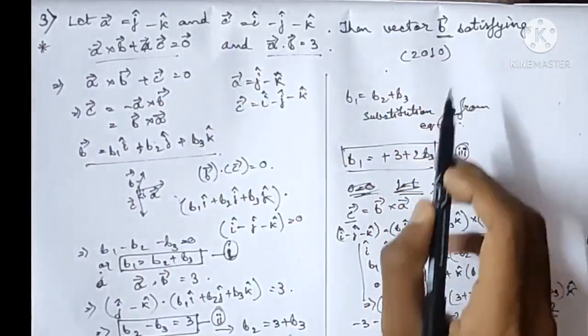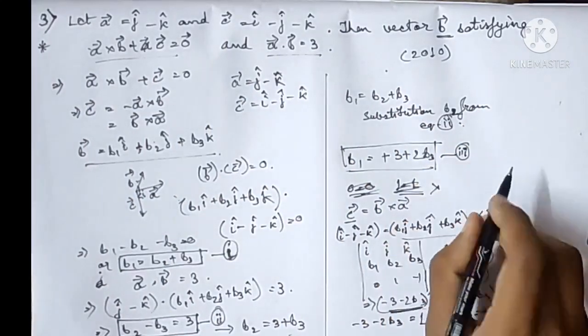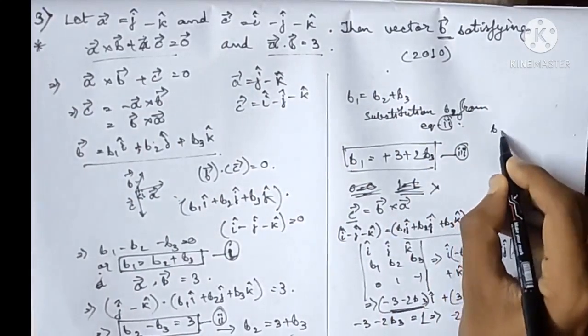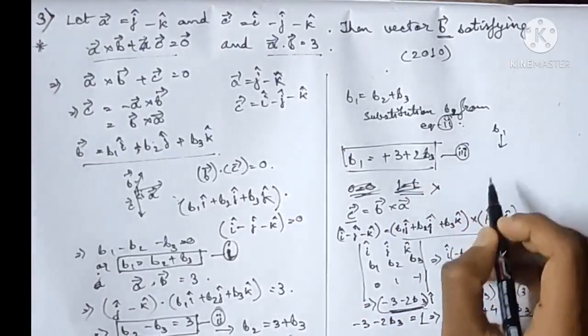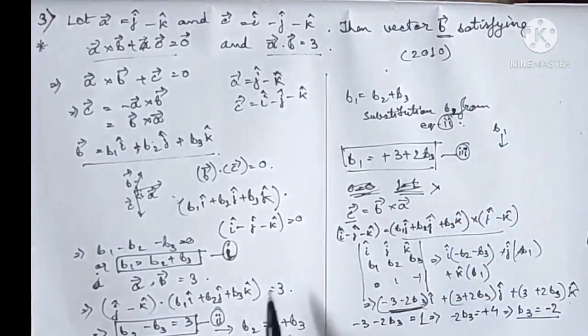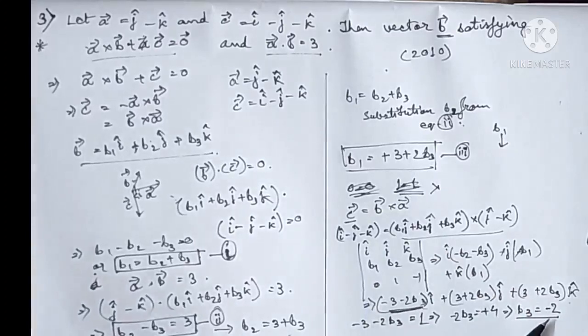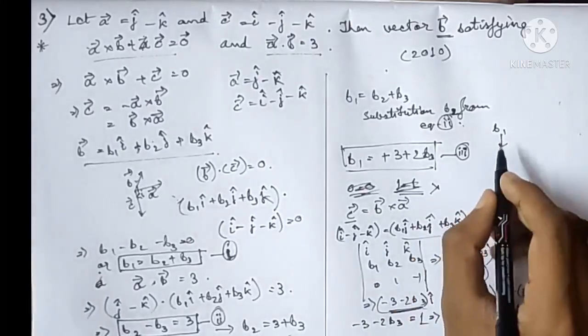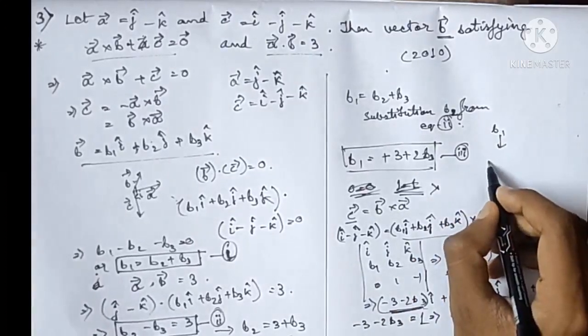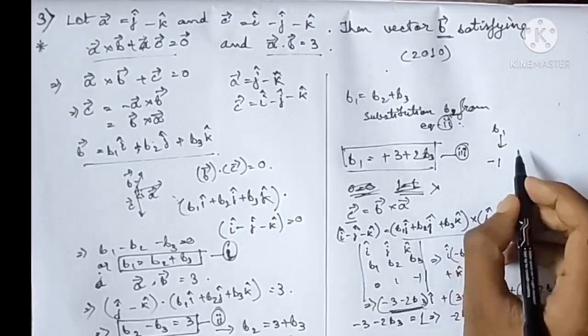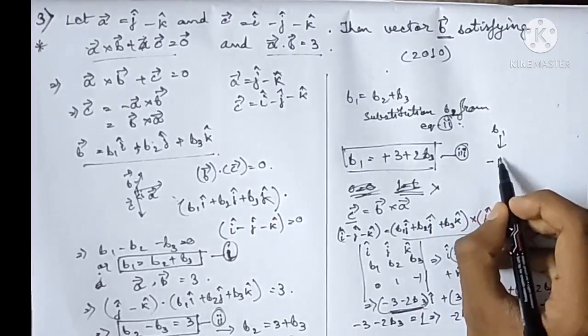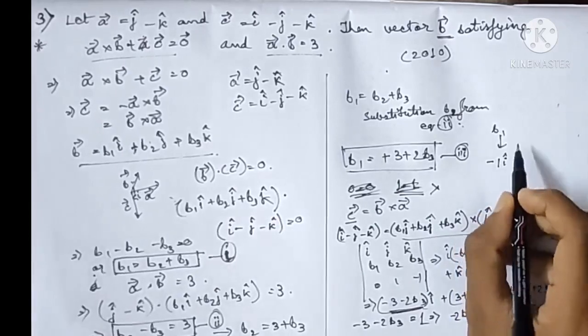So the vector b satisfying these two we have just got as well. The b1 is what? Yeah, this one, 3 plus 2b3, 2 times minus 2, that is minus 4, so it is minus 1. So it will give us minus 1 i cap.